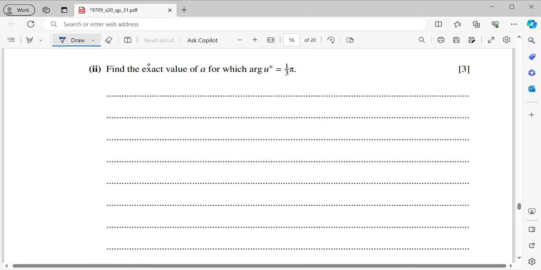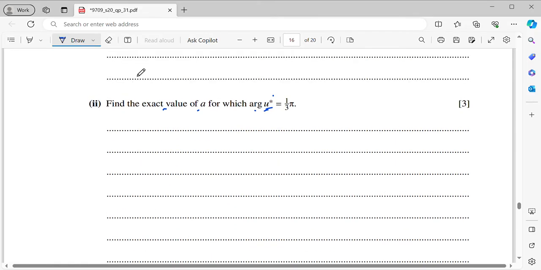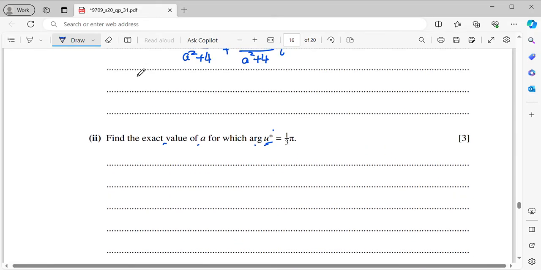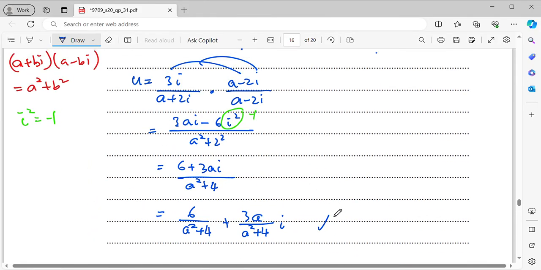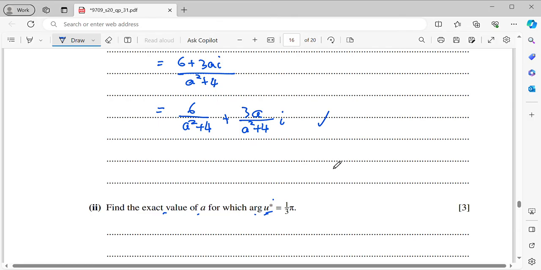Okay, now find the exact value of a for which the argument of u asterisk equals 1 over 3 pi. This u asterisk means it is the conjugate. So now we found this as our u. The conjugate is just changing the imaginary part to negative.